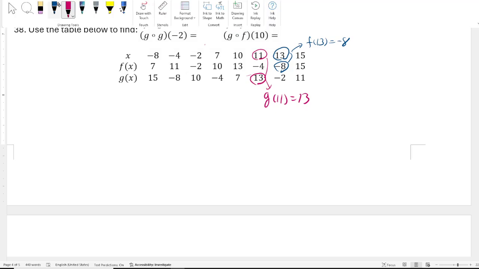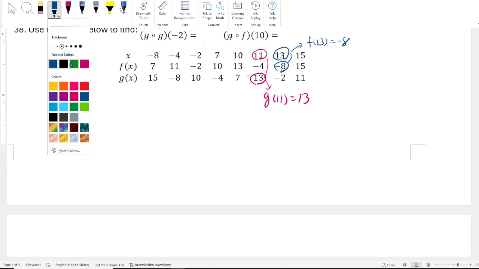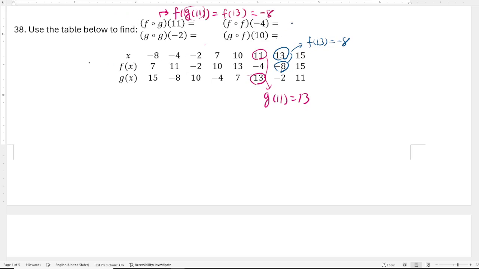Okay, let's proceed to do something similar. This again should be written as f of -4. What is f of -4? When x is -4, f of -4 is 11. So you end up with f of 11. And f of 11 is -4.